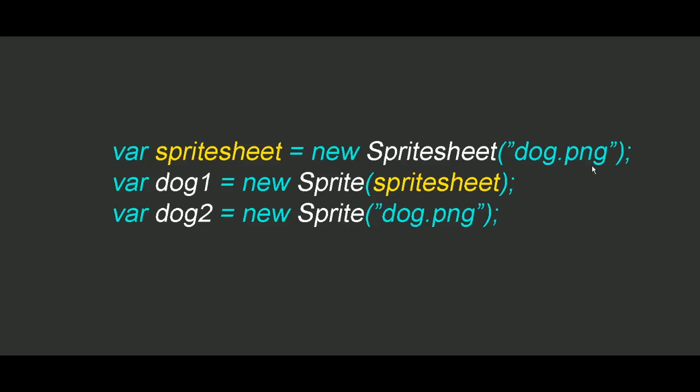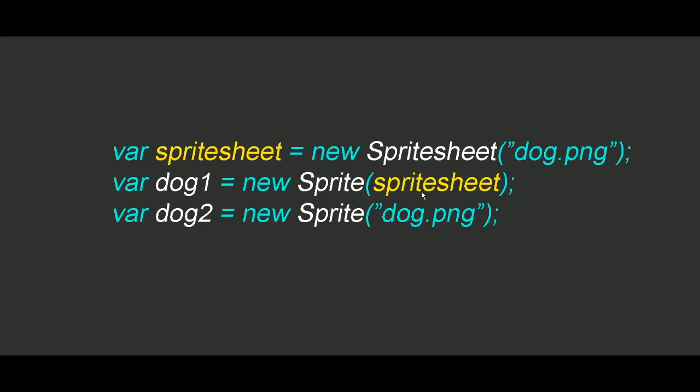What this gives us is the ability to create a sprite sheet from one independent PNG file and then create a sprite, but instead of using the file name, we can use the sprite sheet that has just been created. As we just saw, the sprite sheet only contains an image, so what we're really doing is giving the sprite an alternative source for the image.